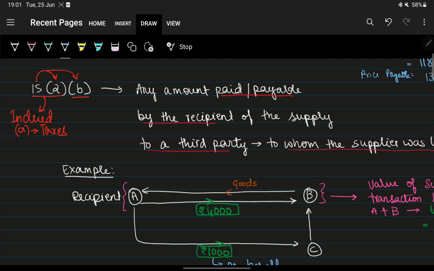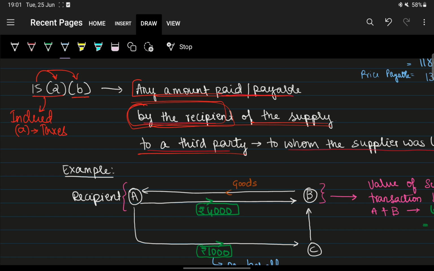Here, any amount paid or payable by the recipient of the supply to a third party. The recipient, the person who is receiving the goods or services, is making payment to a third party, or there is an amount payable to a third party by the recipient.